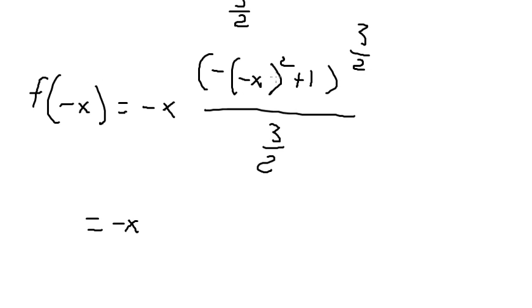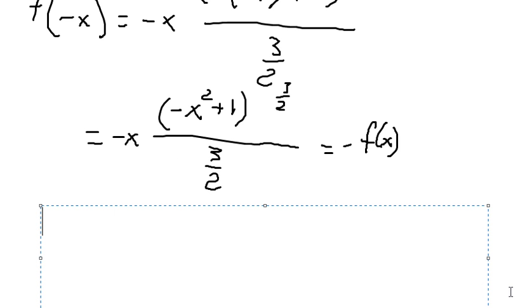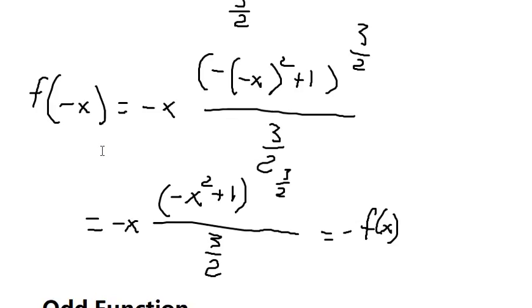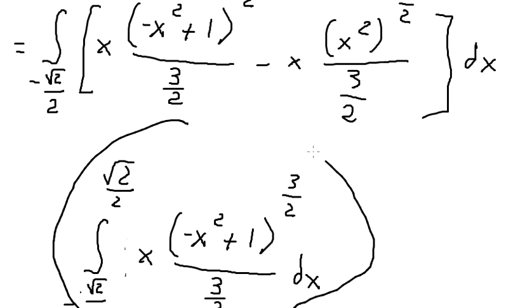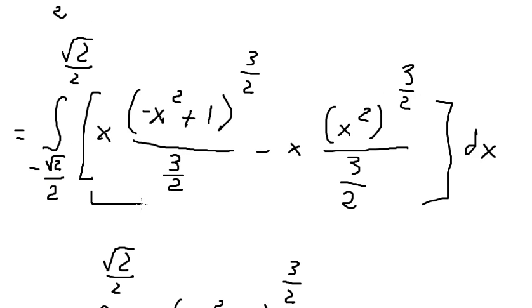This is an even power, so you get positive x squared. So that means we have negative of f of x. That means this one is an odd function. So because the bounds are symmetric, when we do this integration, you will have 0 in here. So the value of this one equals 0.